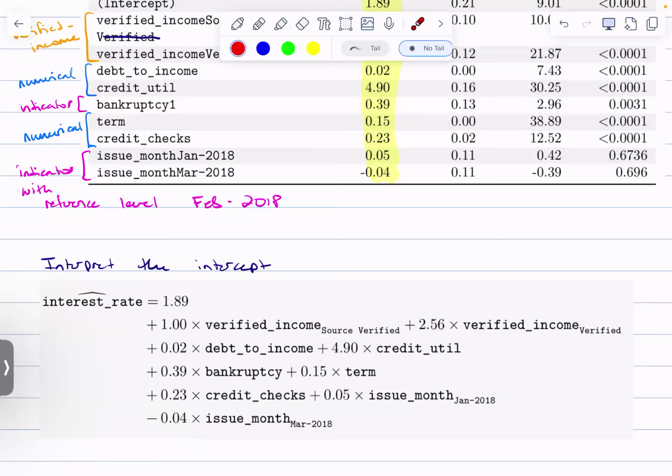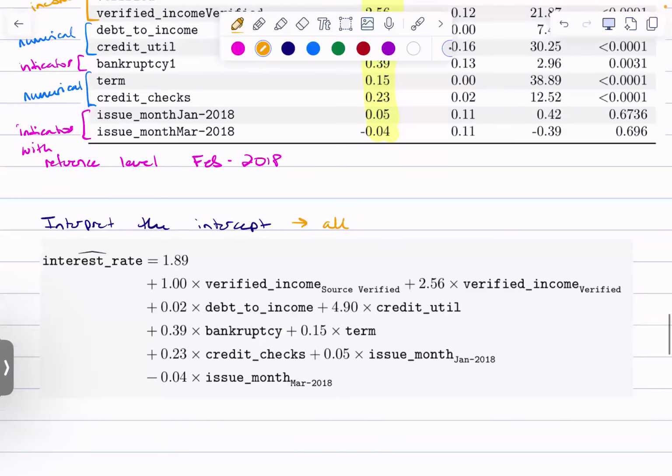So the intercept, if we have to look at the intercept, let's start there. The intercept is when all other values are multiplied by 0.